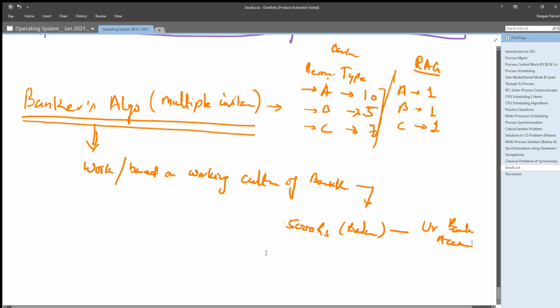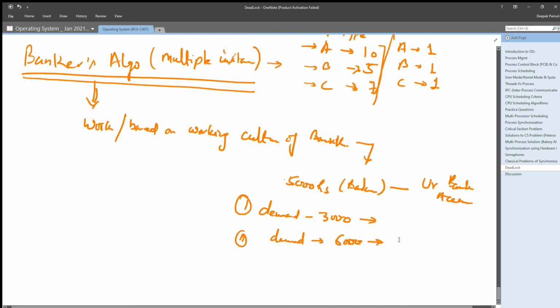Now what will happen if, in the first case, you demand 3,000 from your account, and let us say in the second case, you demand 6,000 from your account.